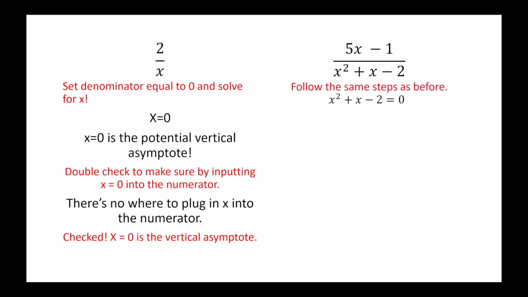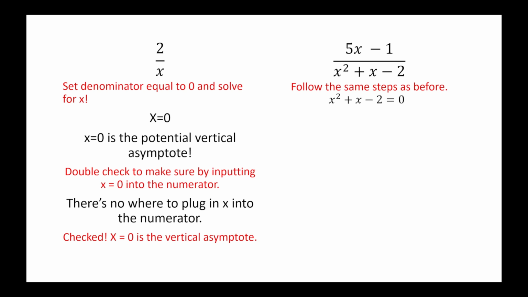Okay, so this one's a little more complicated. We're setting this whole polynomial equal to 0. Now, if you remember how to solve quadratic equations like this, where you have an x squared equation, you can factor or you can use the quadratic formula. Factoring usually will be easier as long as you remember the different forms of factoring.